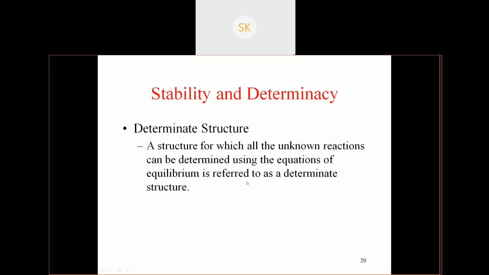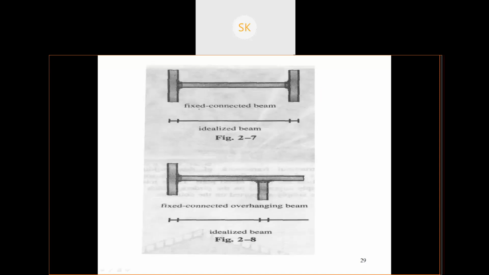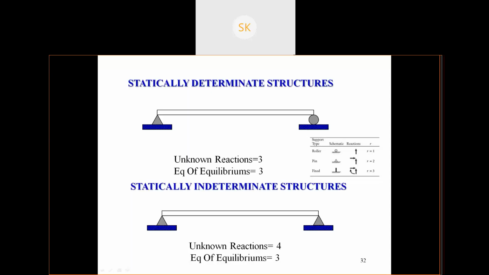Now come to the indeterminate structure, which is this one. Suppose I have a beam supported on 2 hinge points. So what are the reactions for this beam? There will be one Rx1, and this one I'm giving as Ry1, the reaction in the y direction.